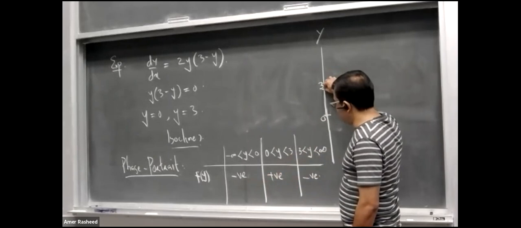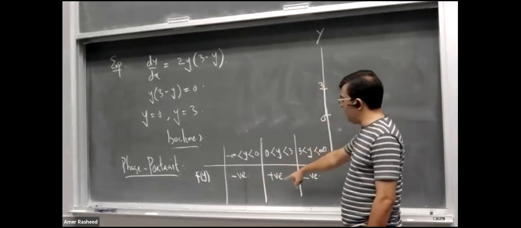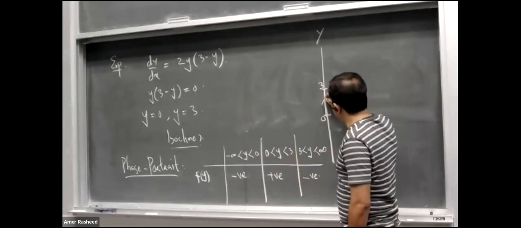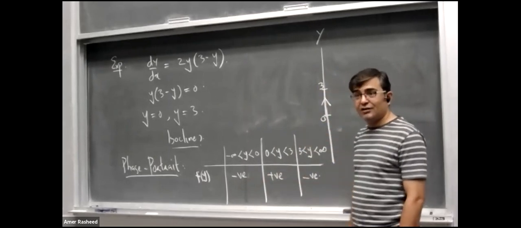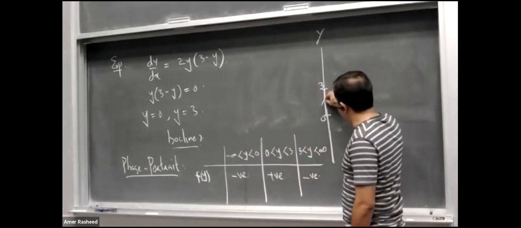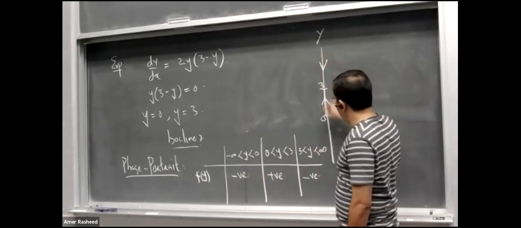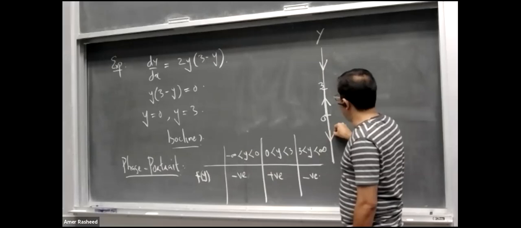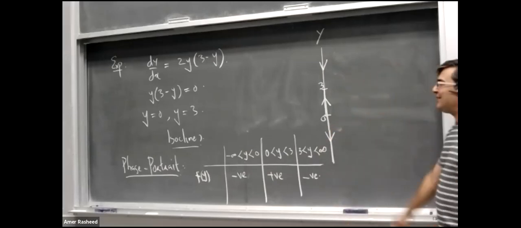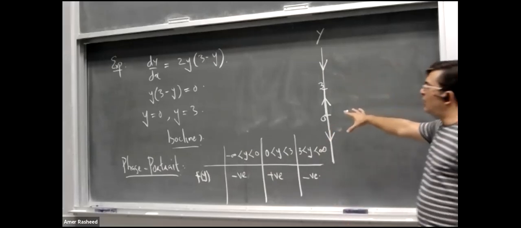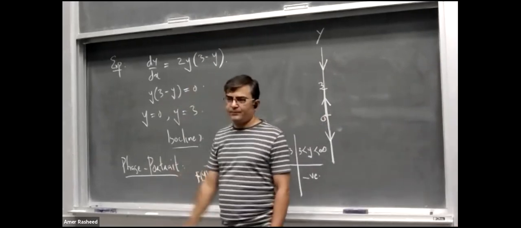Here from 0 to 3, we have a positive slope. So the solution must be increasing here. Solution curves have positive gradient here. In this region, we have negative gradients. In this region, we have negative gradients. So this is the phase portrait of this differential equation.